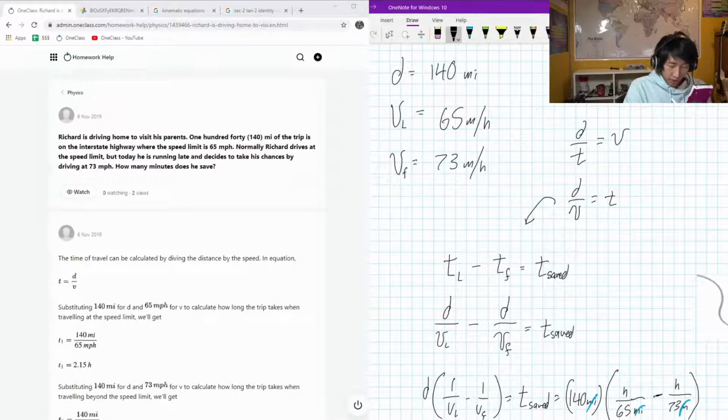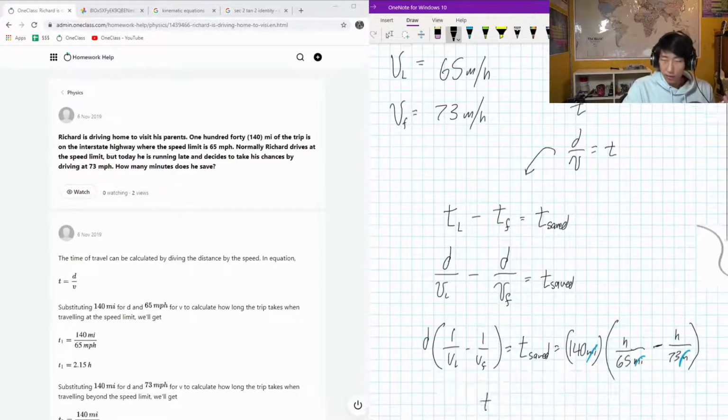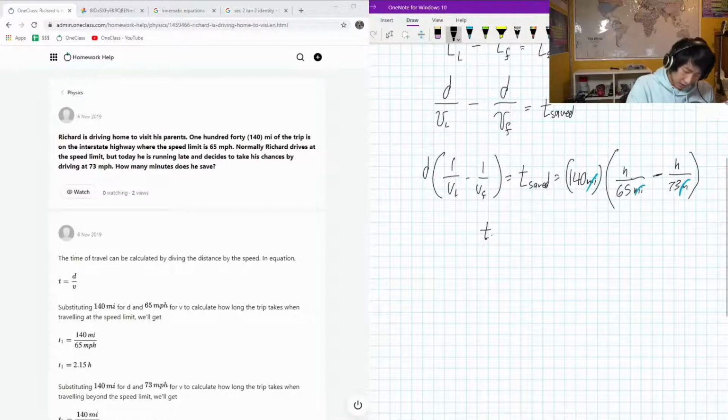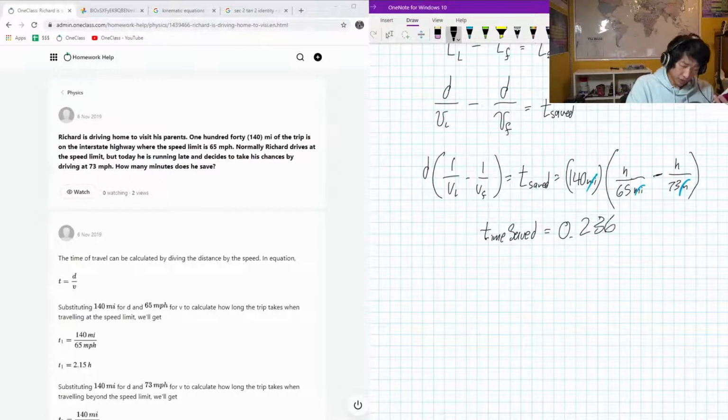So 140 multiplied by, in brackets, 65 reciprocal minus 73 reciprocal, and my result for time saved is equal to 0.236 hours.